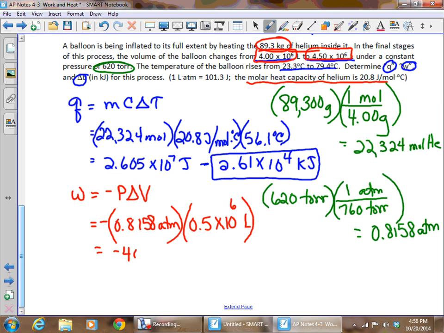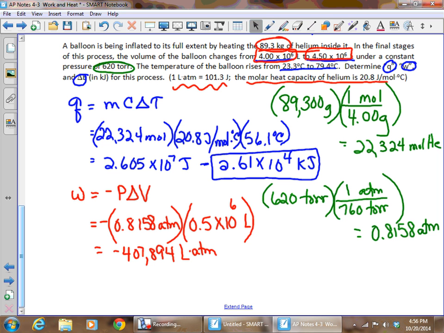And when we get that, we end up with a work value of negative 407,894 liter atmospheres. Now, on several levels, this is not going to work because it has to be in kilojoules. So we're going to have to convert it from liter atmospheres to joules. That's what our conversion factor is up here, and then on to kilojoules. So let's do that real quick.